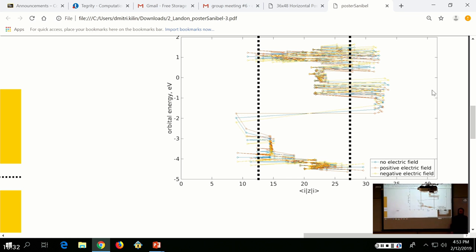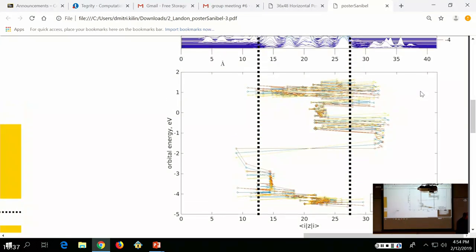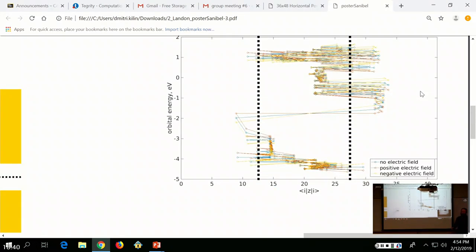And so as a first order approximation, what I'm trying to do right now for molecular dynamics is I'm taking the molecular dynamics trajectory without an electric field, and then I'm computing the couplings between adjacent time steps without an electric field, and then with these two values of an electric field, because I guess the electric field is not likely to have a drastic impact on the actual trajectory itself.